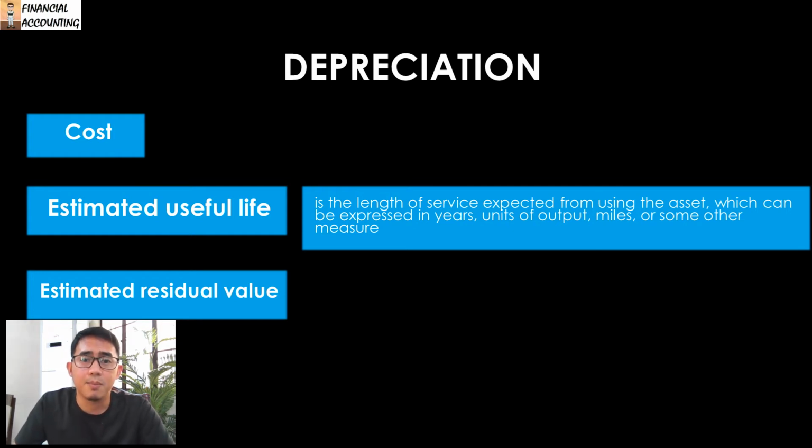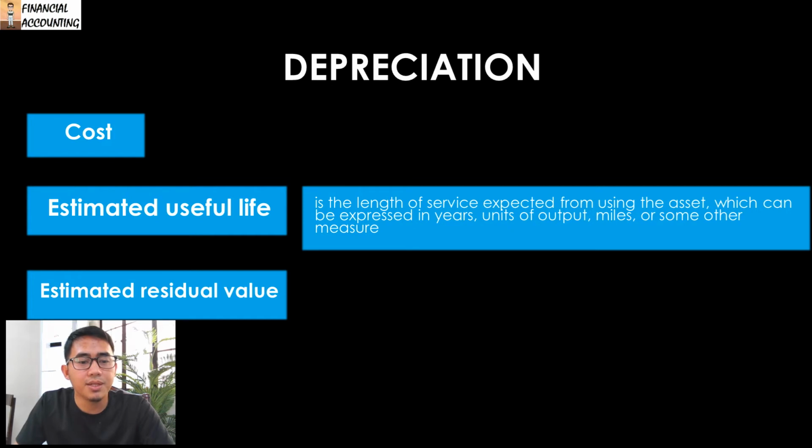Like for example, a computer: in the first place you do not know how many years that computer would last in your business. All you need to do is estimate that the computer would last for a certain number of years based on your experience.